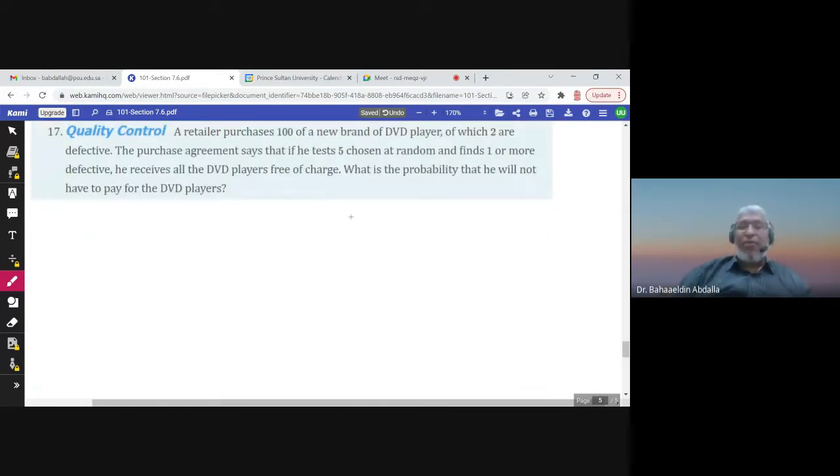A retailer purchases 100 of a new brand of DVD players, of which 2 are defective. So I have 98 good and 2 are defective. The purchase agreement says that if he tests 5 chosen at random, so he's going to select 5 of these 100, test these 5.